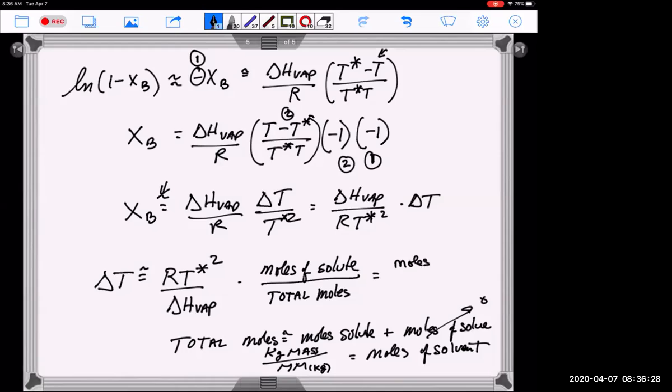Oh, no, we don't want to have an equal sign here. But we're going to take this term, moles of solute over total moles, and what we want to have is moles of solute over kilograms of solvent times the molar mass.